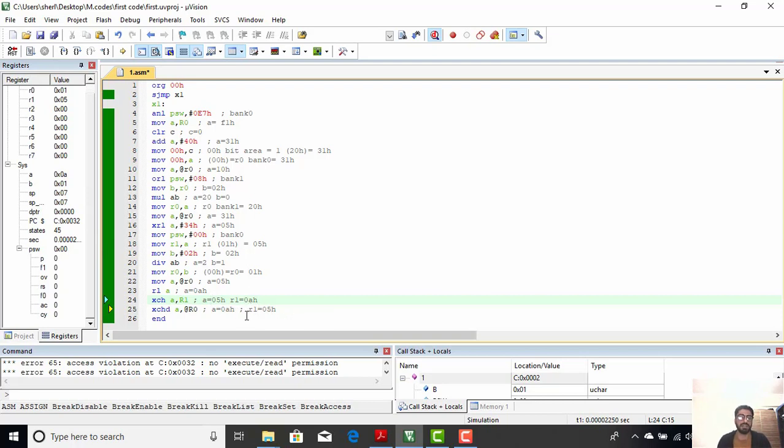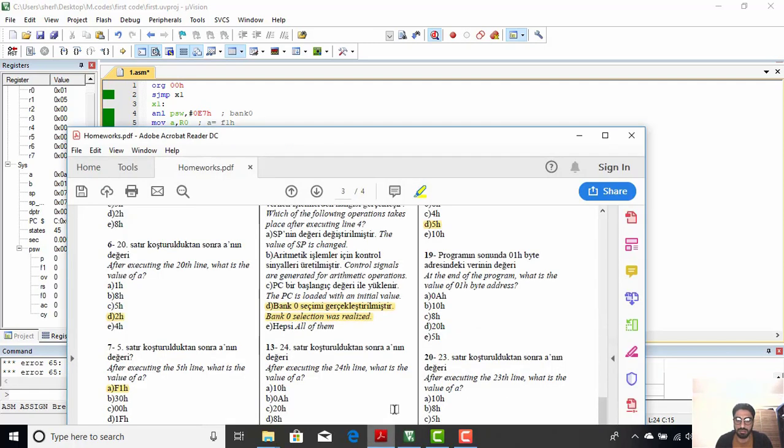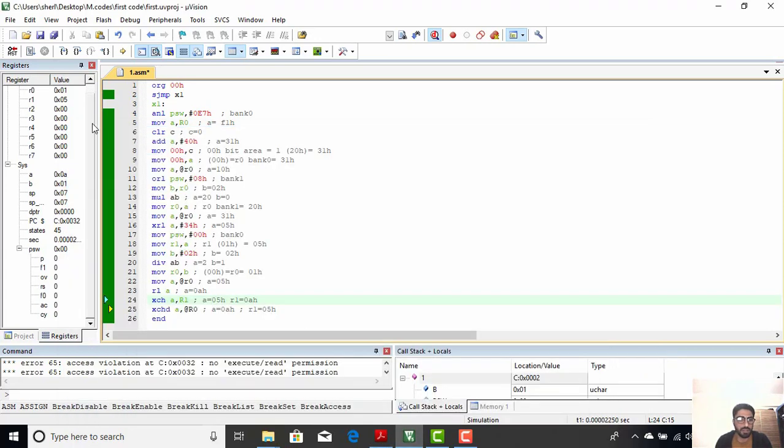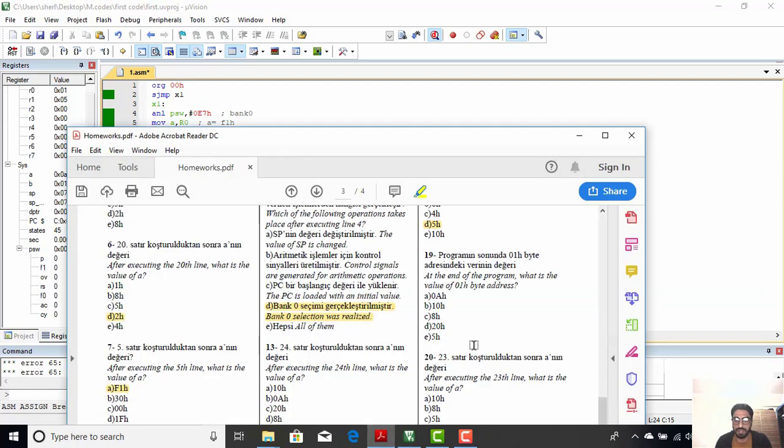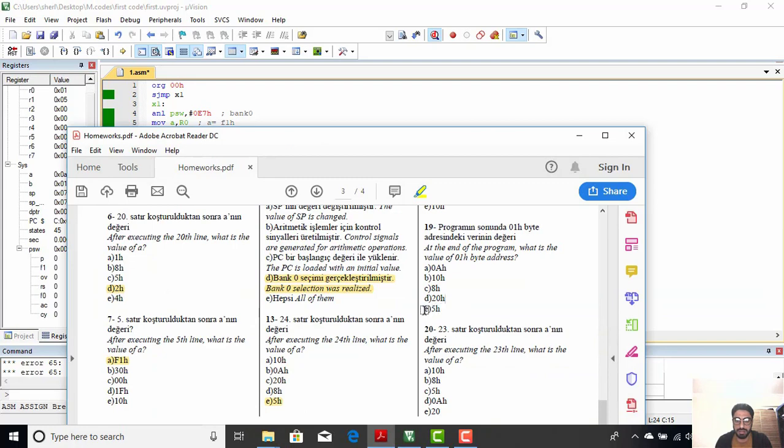It's asking about R1, the register 01. It means R1 of bank 1. It's 05, so it's 5 again. We have a lot of 5s, really. This one is the right one.